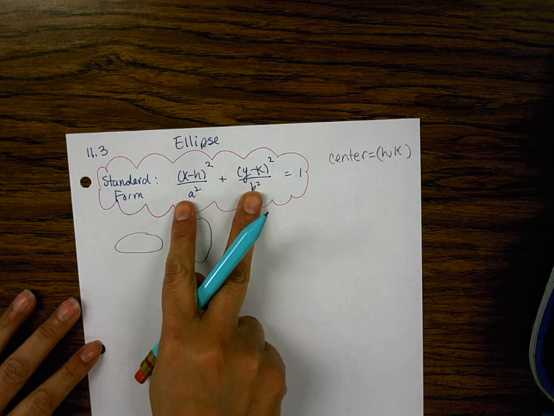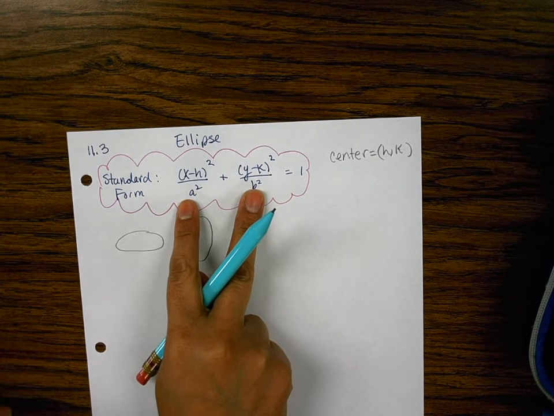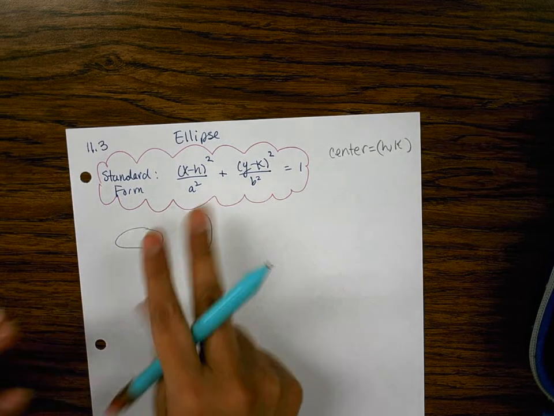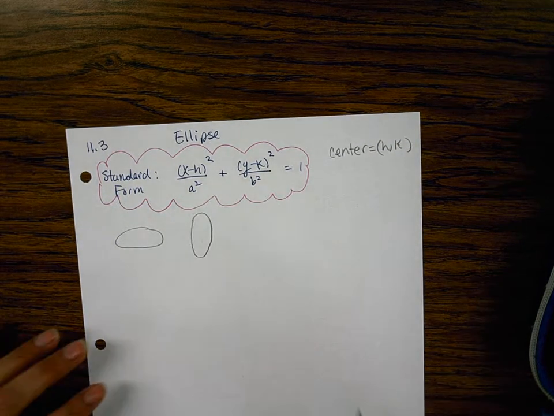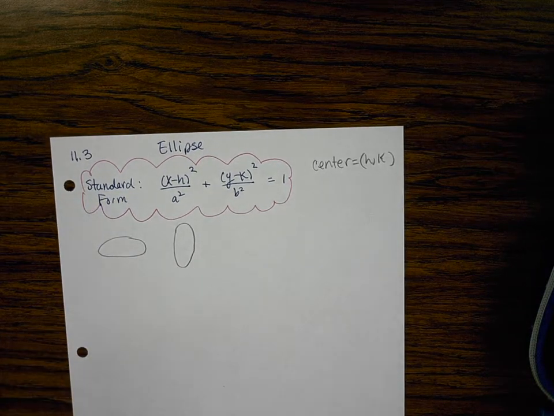An ellipse is just a stretched out circle. These numbers are no longer the same. If these two numbers were the same, then you would be going right, left, up, and down the same distance, which would make it a circle. It's when these two numbers are different that it makes it more oblong one way or the other.